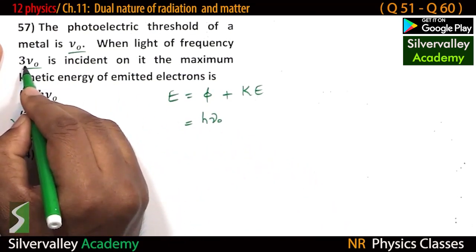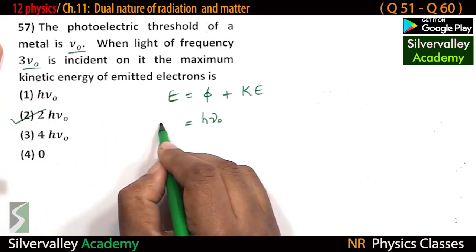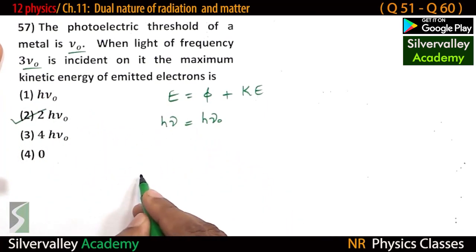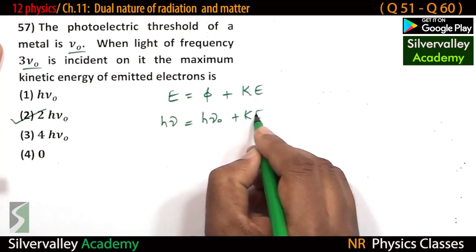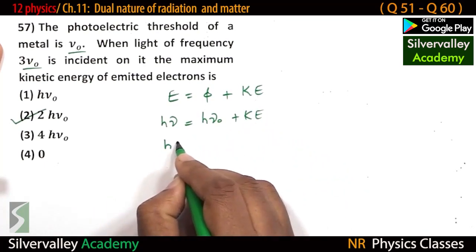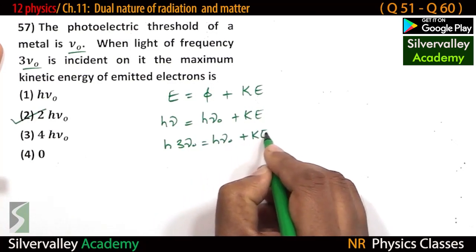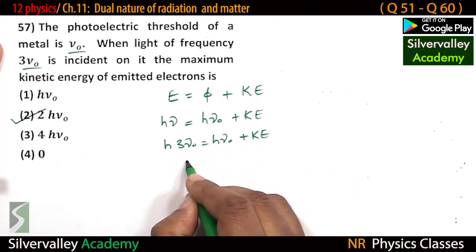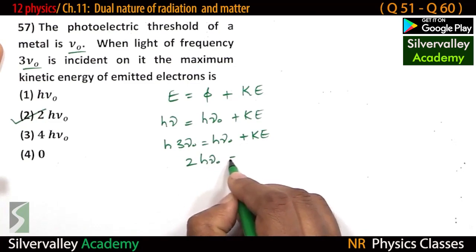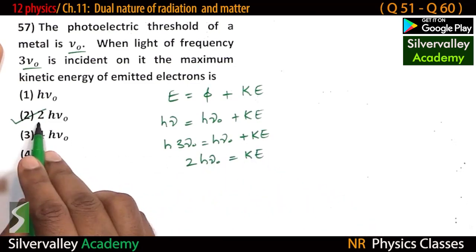This is the frequency of the incident light, h nu, and this h nu is 3 nu naught. So this is h nu naught plus kinetic energy. So 3 times minus 1 time is 2 times, 2 h nu naught equals kinetic energy.